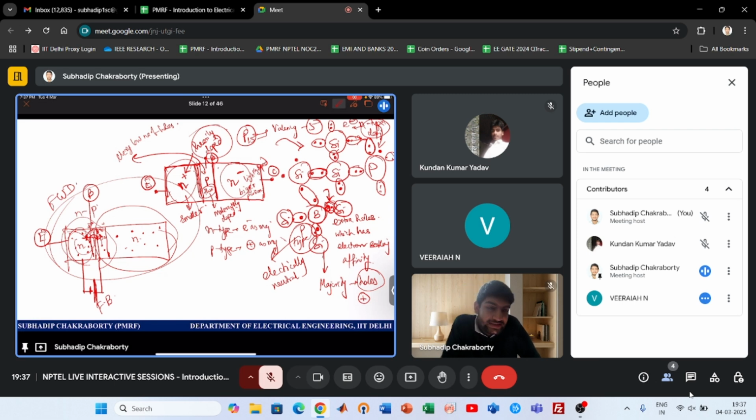But as soon as the charge carriers cross the barrier and enter the P, the P has affinity towards electrons, but it is lightly doped. Let's say 10 holes, and 100 electrons come. So what will happen? From 100, 10 will go and combine, and the remaining 90 are electrons.